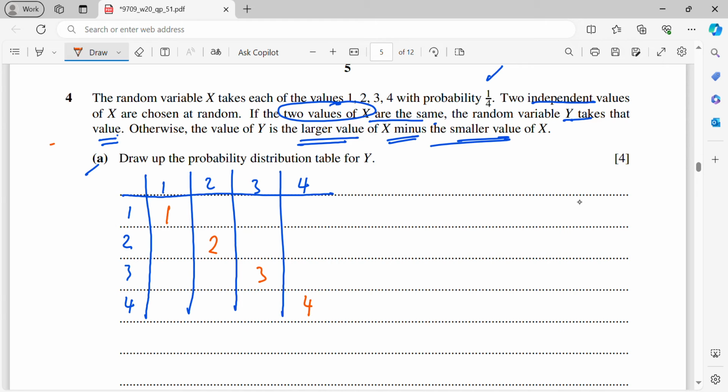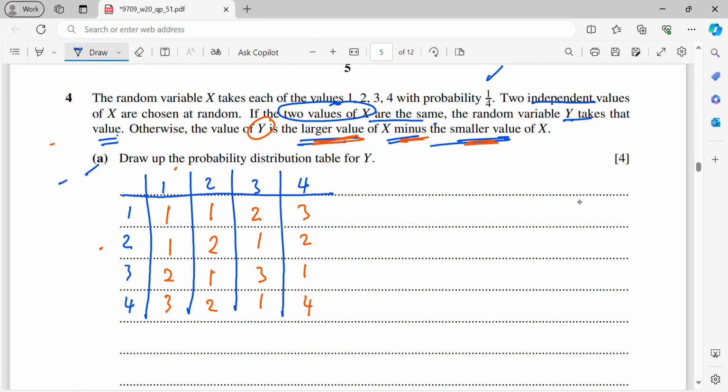And if different values, then y will be larger x minus smaller x. So 2 and 1, I will get 2 minus 1, which is 1. Then 3 minus 1 is 2, 3, 2 minus 1 again 1, 3 minus 2 is 1. Then 4 minus 2 is 2. So you just get the differences. So here 2, 1, 1, and then 3, 2, 1. All these are the y values, the orange color.